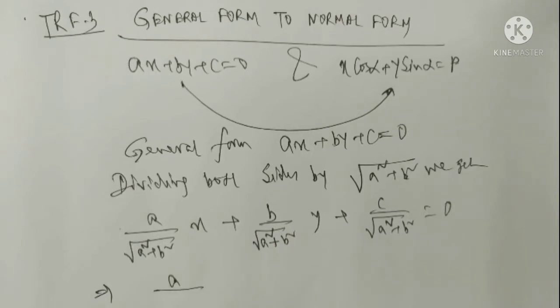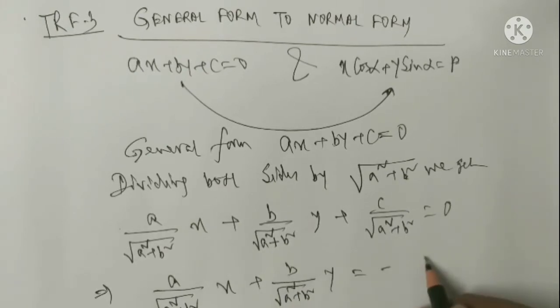That is, a by root over a square plus b square x plus b by root over a square plus b square y equals minus c by root over a square plus b square.